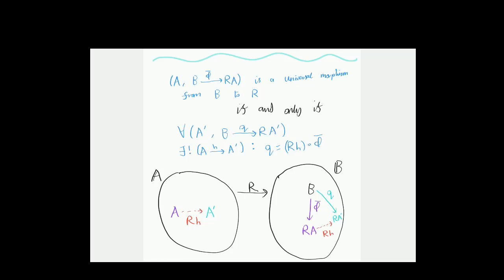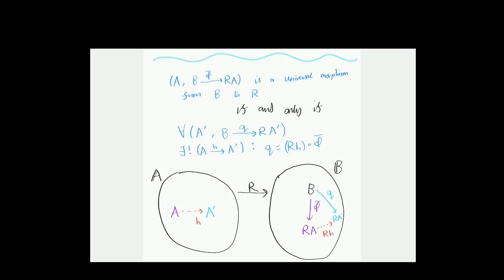It has to have the property that for any A dash, where there's some arrow Q from B to R of A dash, there has to be a unique arrow H from A to A dash, such that if we lift H and we do it after phi bar, we get Q. Okay, this is just the definition of a universal morphism from B to R.